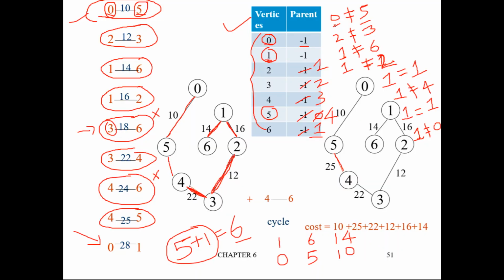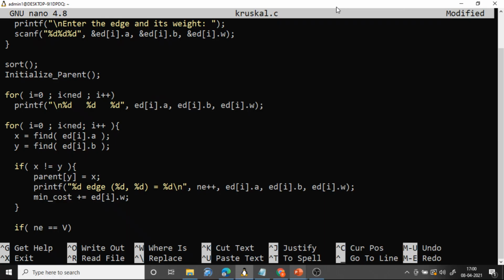If x is not equal to y, then that edge should be added to the spanning tree, and you also have to make parent of y equal to x. Adding to the spanning tree here means we are just displaying it, displaying that this is one of the edges in the spanning tree.